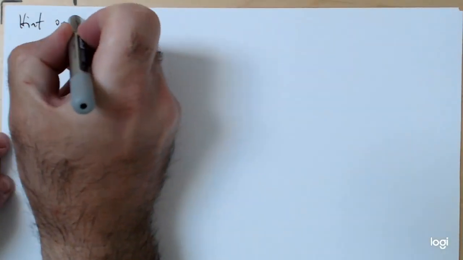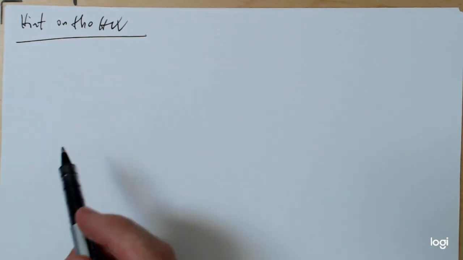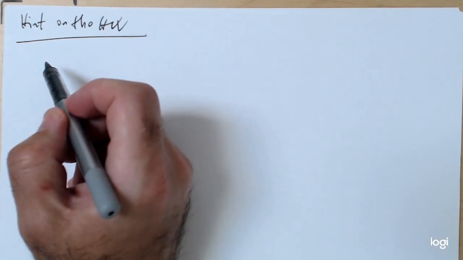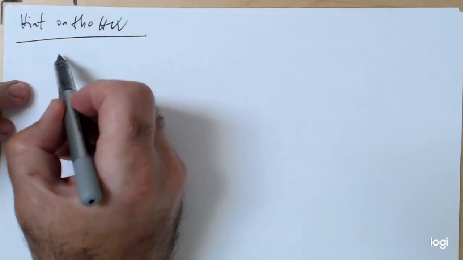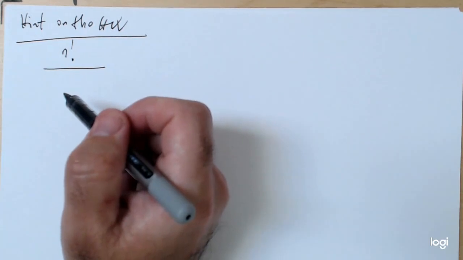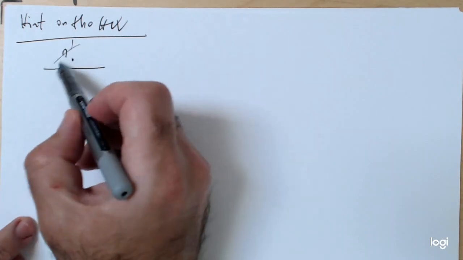Just a hint on the homework related to the factorials, when you simplify factorials. Some of these hints, by the way, are given in the problem itself. But one way to simplify factorials, so for example, suppose you have n factorial on the top, and on the bottom, let me put it this way.